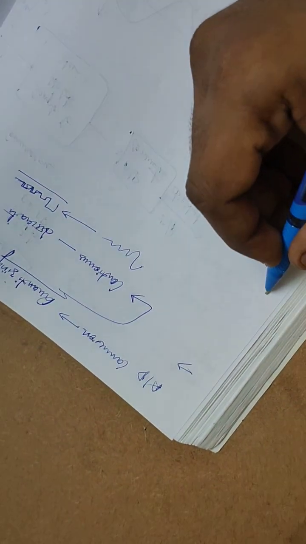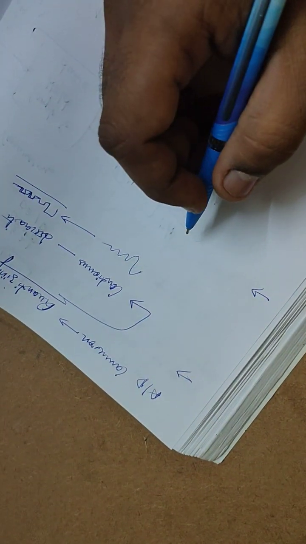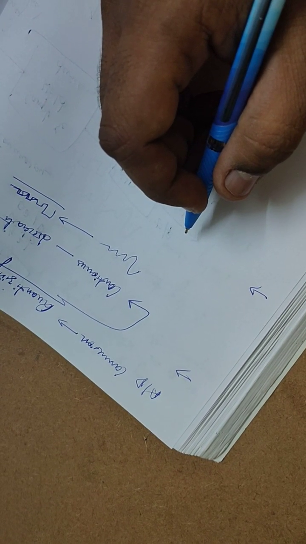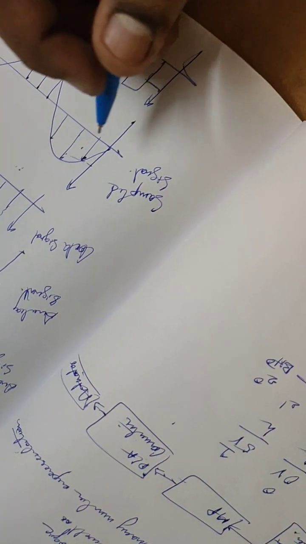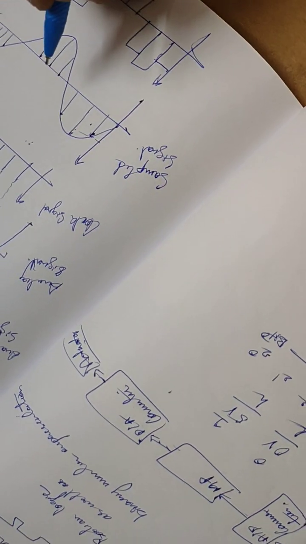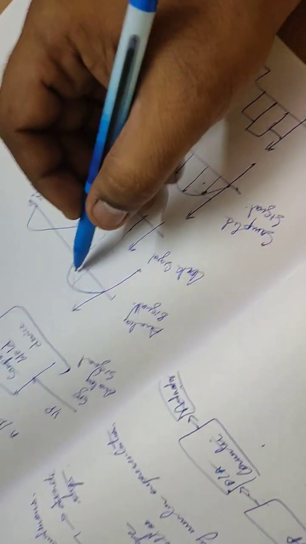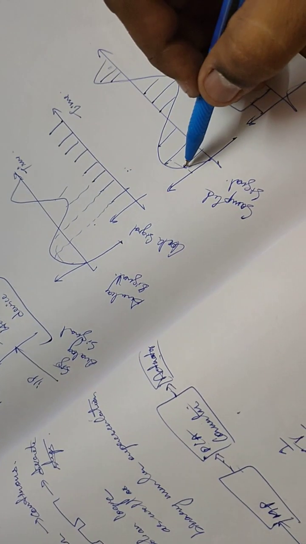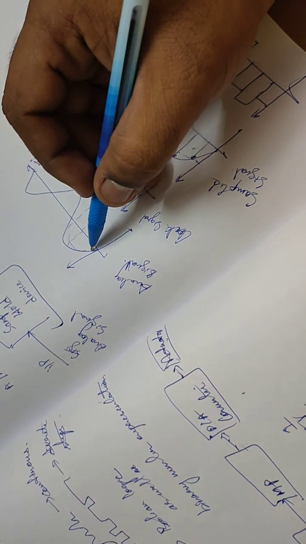The resolution of an AD converter is the number of bits used to digitally approximate the analog value of the input. Why we say digitally approximate the analog value of the input is, for this signal we just use the clock signal to digitally represent it. We are not taking the exact values.